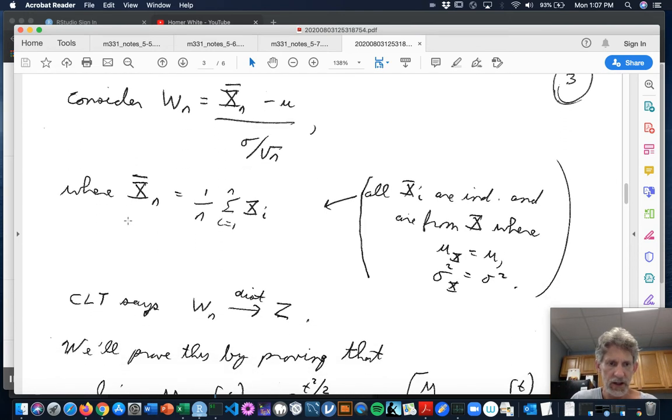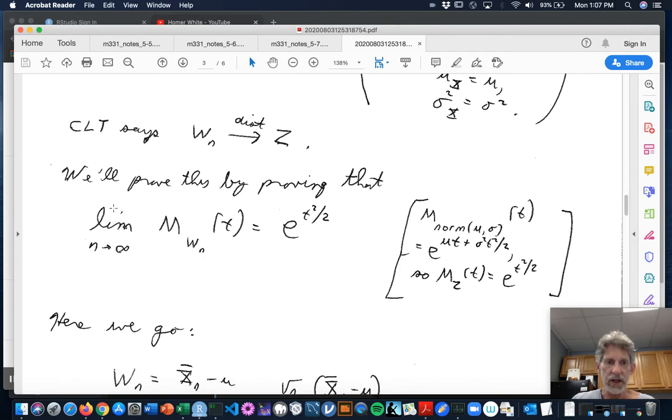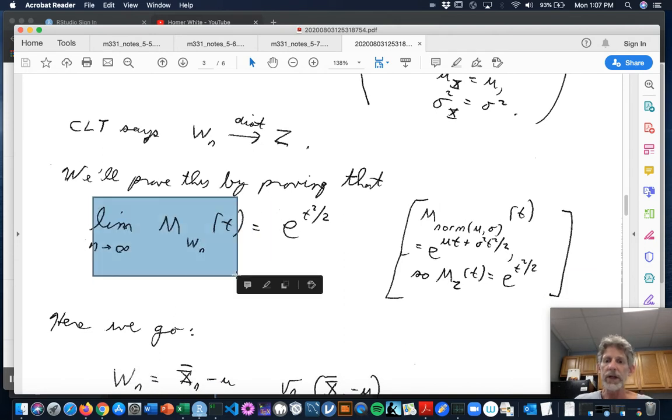That's what the central limit theorem says. And so like I said, we're hoping to show that the limit of the moment generating functions of the Wn comes to e to the t squared over 2, because that's the moment generating function for a standard normal.